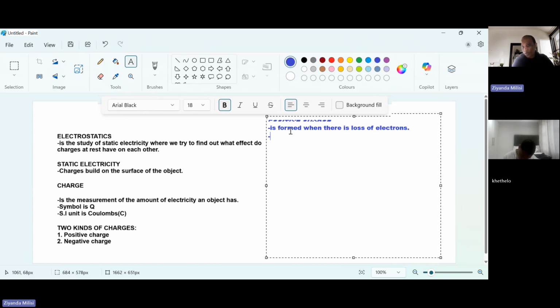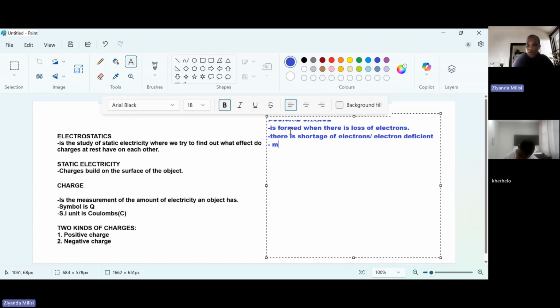When it's a positively charged object, we can say here there is a shortage of electrons. This one is electron deficient.